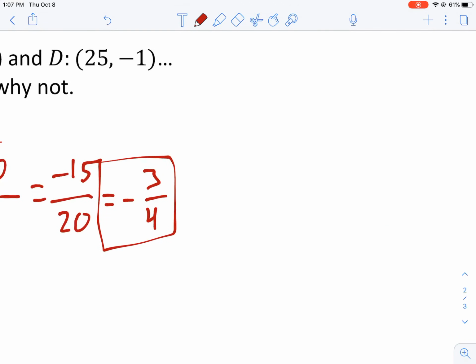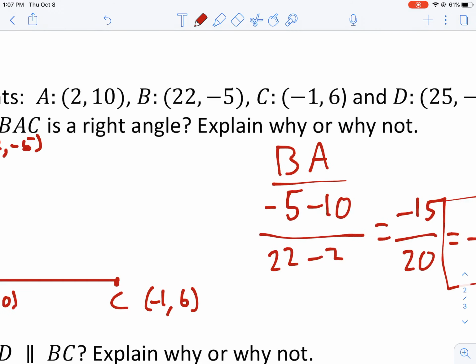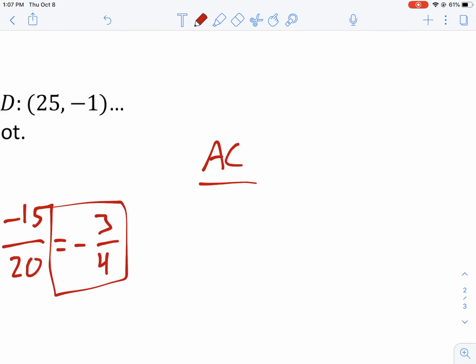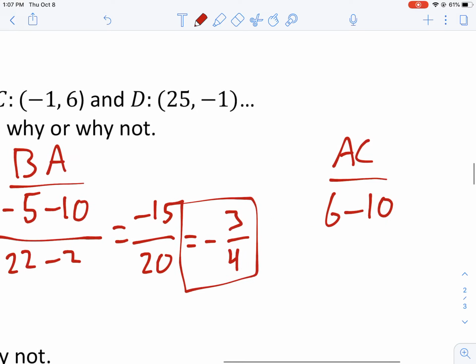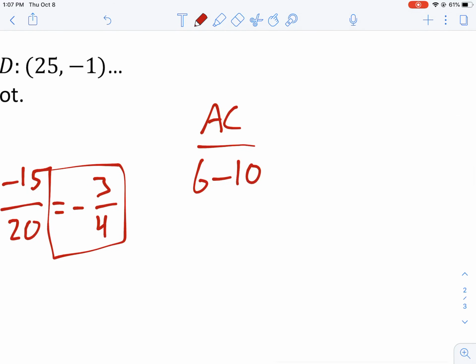Then I need to do AC, all right? If I do AC, that's 6 minus 10, all right? Then negative 1 minus 2. 6 minus 10 is negative 4. Negative 1 minus 2 is negative 3.